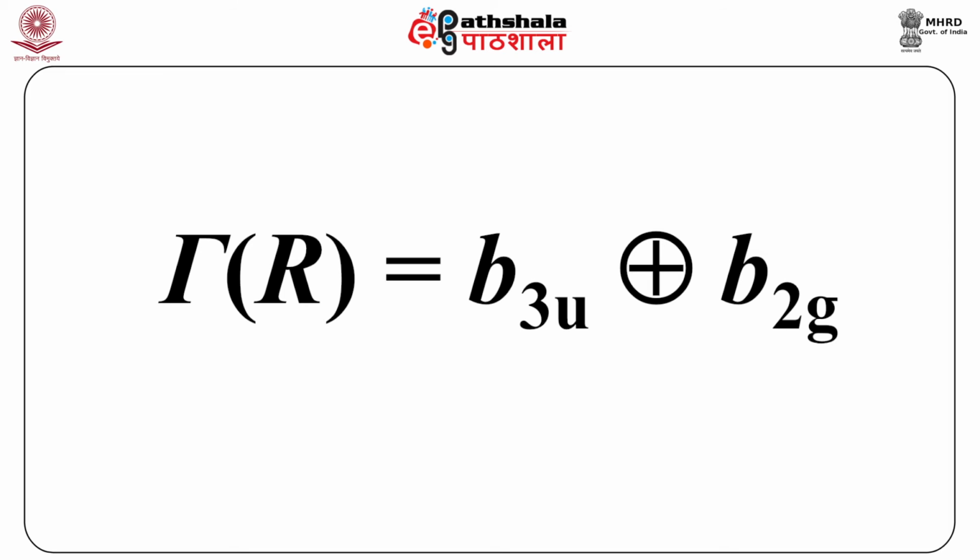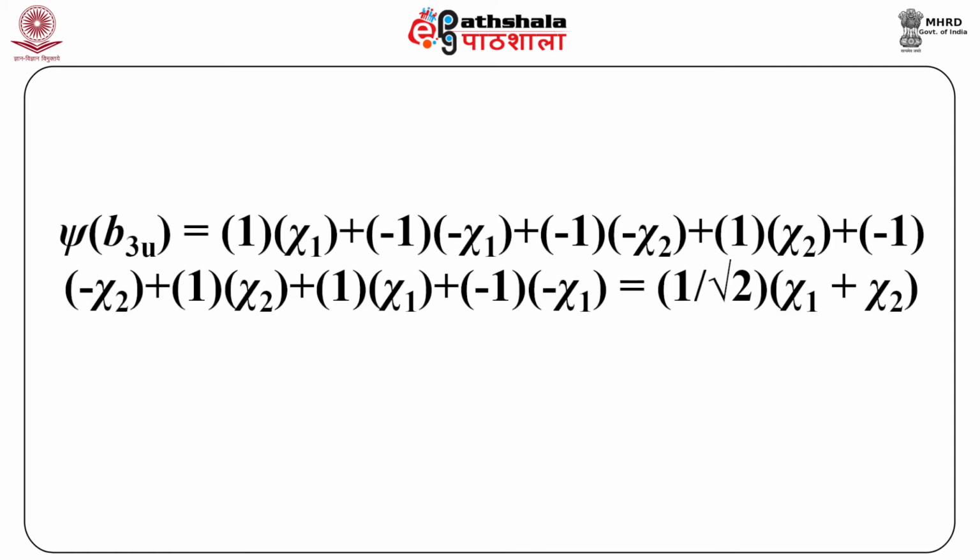To find the combinations corresponding to B3u and B2g, we use the projection operator method. For B3u, the wave function psi B3u is obtained by multiplying the character of B3u for the E operation and the result of the E operation on chi1, and similarly for C2z and so on.